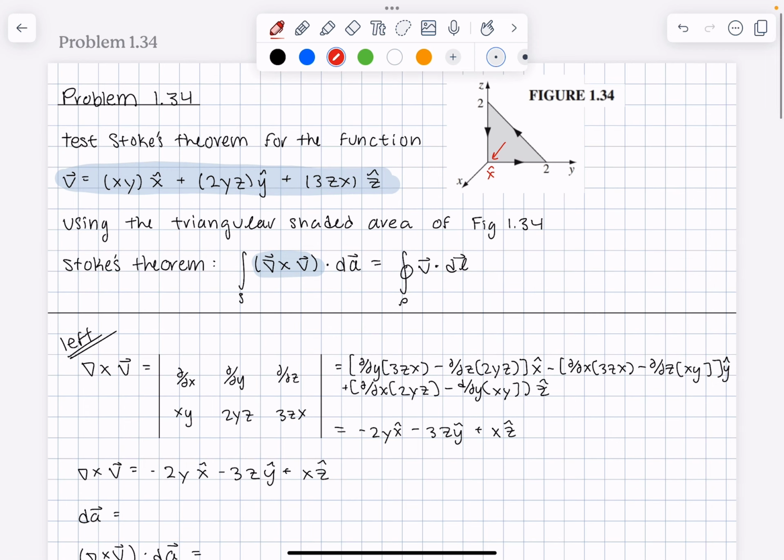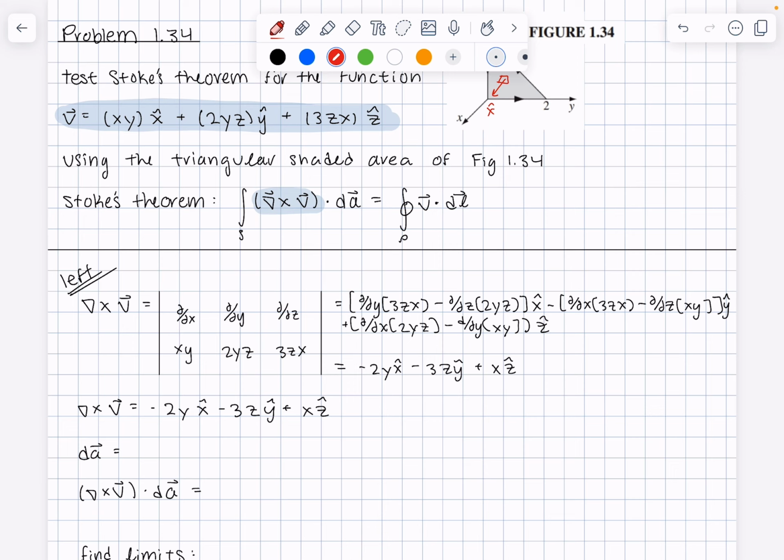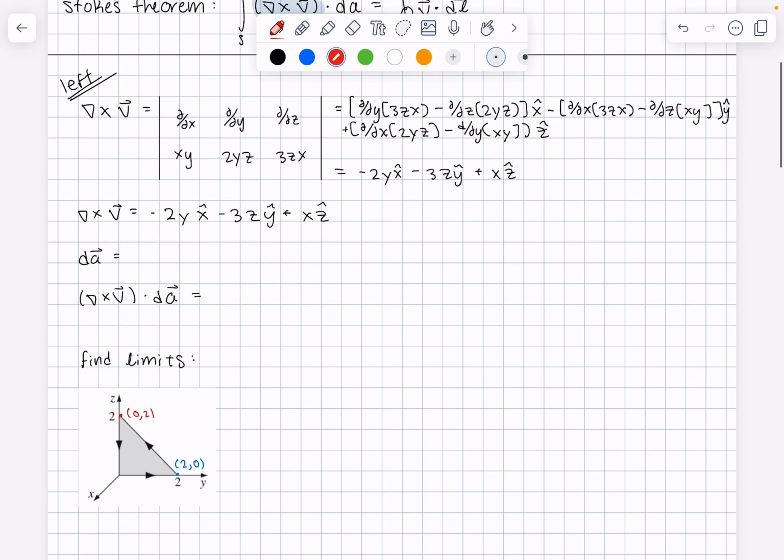So this will be our area element, coming out of the page towards us in the positive x-hat direction. Okay, so therefore we can write dA as dy dz in the x-hat direction. And we have x is constant at 0.